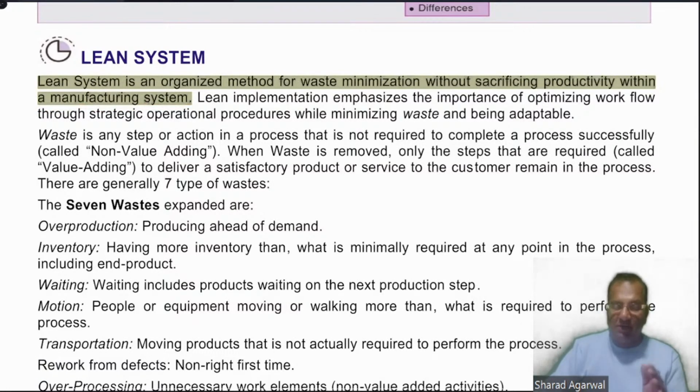There can be three industries: manufacturer, trader, and service provider. Basically, lean system is being formed to benefit the manufacturing sector, not the service sector or trader. Although some of the concepts can be applied to some extent in other industries also, basically this concept has been derived exclusively for the manufacturing sector.